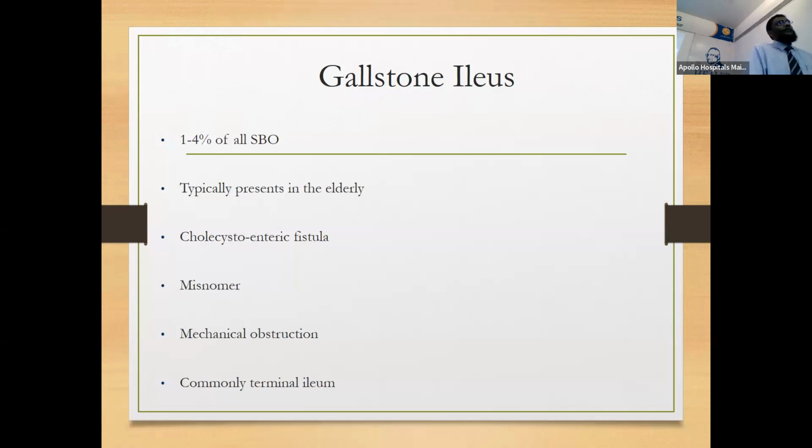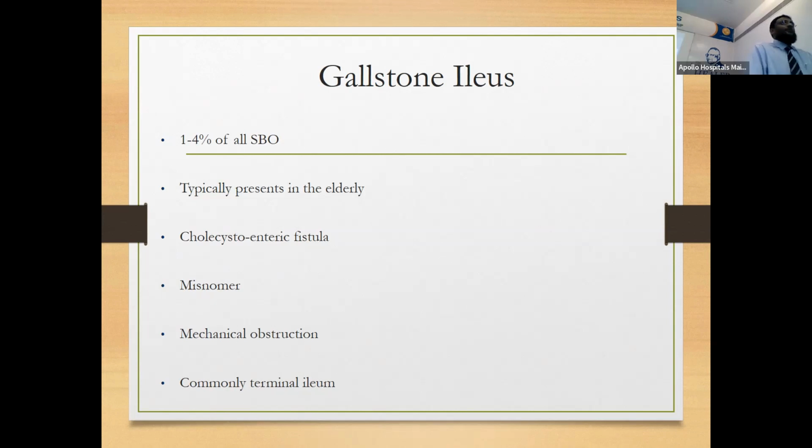So it's a severe inflammation of the gallbladder, causing the stone to erode through the gallbladder wall and enter into a neighboring luminal structure. It could be jejunum, it could be colon, it could be duodenum, but entering into a duodenum like this is extremely rare.